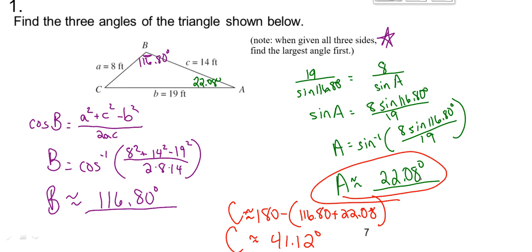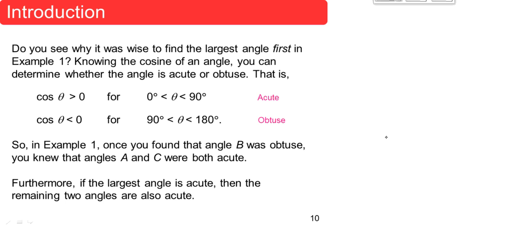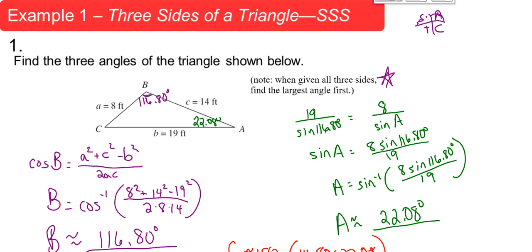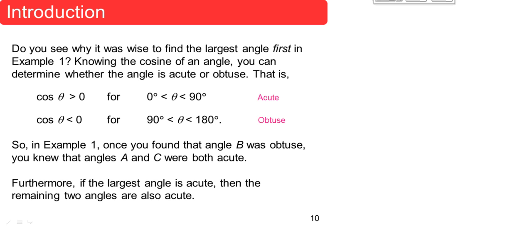Then when we tried to find capital B using the law of sines, because sine is positive in the first two quadrants, if we had deferred to the law of sines after we found an acute angle, it'll give us an acute angle for that other one.